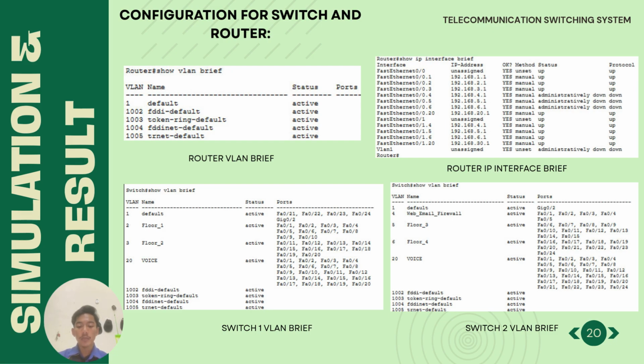The show IP interface brief command verifies that all router interface and sub interface are configured with the correct IP address and are in the up state. This verification result confirms that the VLAN configuration, router interface, and network connectivity are correctly configured, allowing communication between all VLAN and supporting both data and VoIP service.